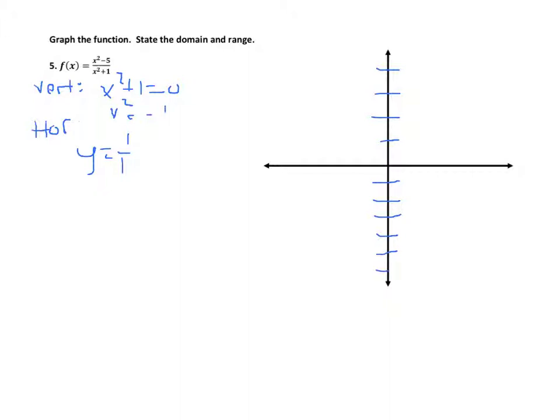So I know I have a horizontal right here. So find the y intercept, so just plug 0 in. You get -5.